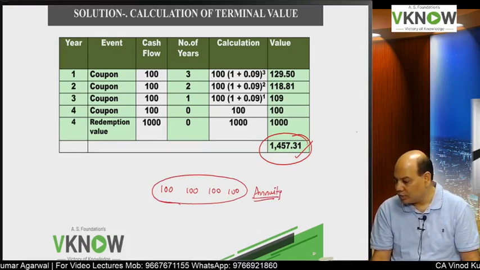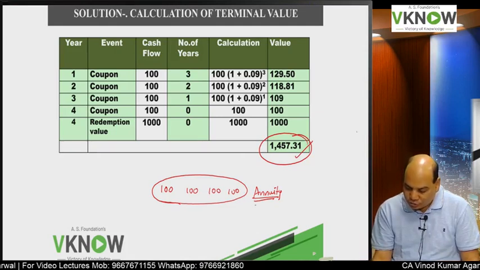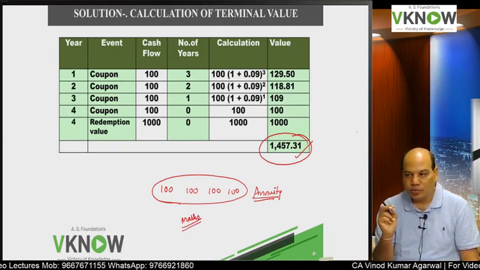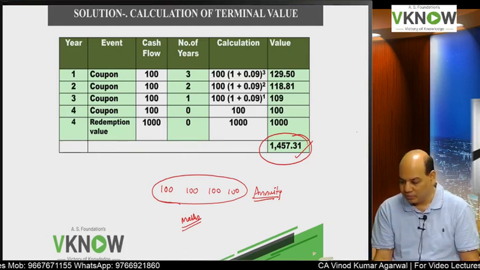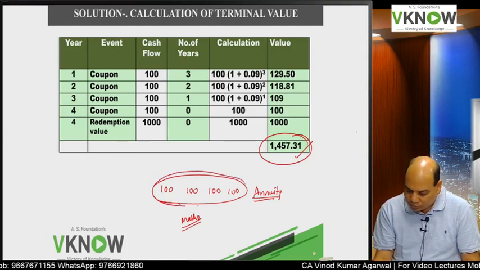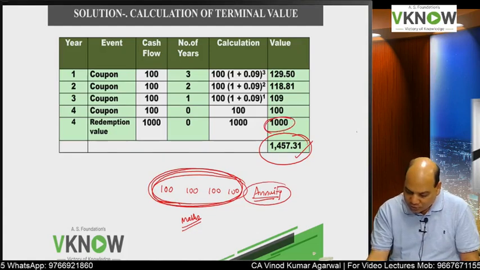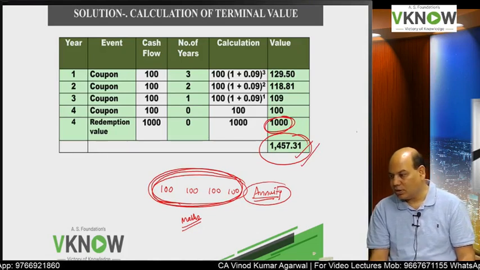In your maths class, time value of money chapter, you have studied one formula for future value of an annuity. So I can find out the future value of all annuities by applying the formula, and then I will add 1000 rupees, the redemption value. That will also give me the same answer.